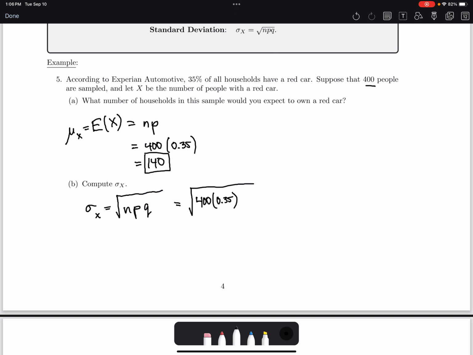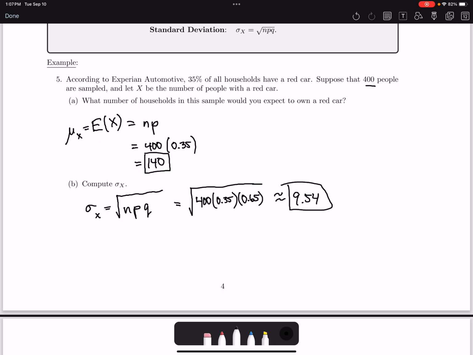The probability of success is 35%, so the probability of failure is 65%, or 0.65. We type that into our calculator and we should get something like 9.54, if we round to 2 decimal places.